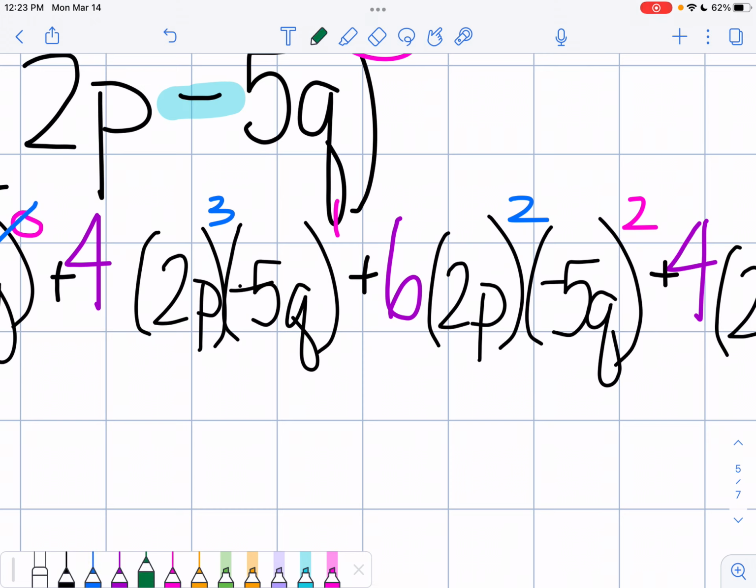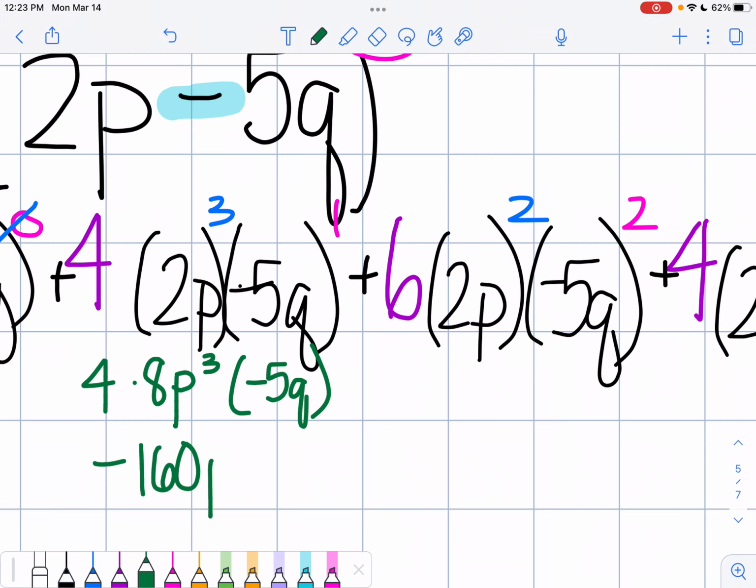Here I have a 4, 2p to the 3rd. 2 to the 3rd is 8, so this would be p to the 3rd, and then I have a negative 5q. So I have to multiply all of those together. So I end up with 4 times 8 times negative 5, which gives me negative 160p to the 3rd q.